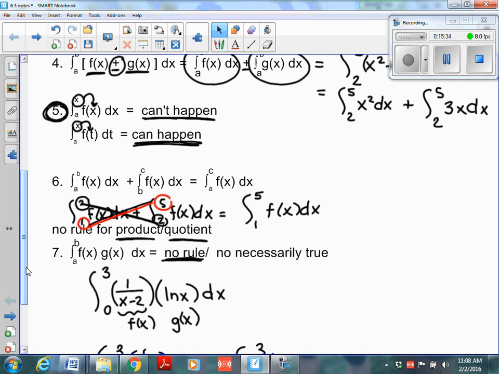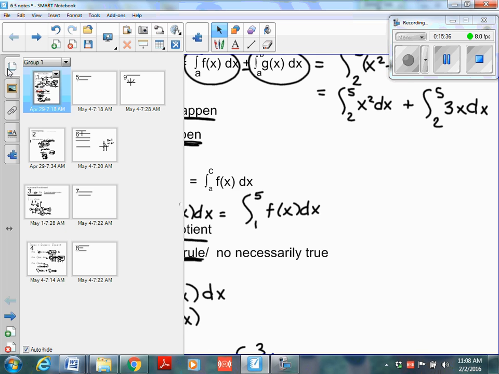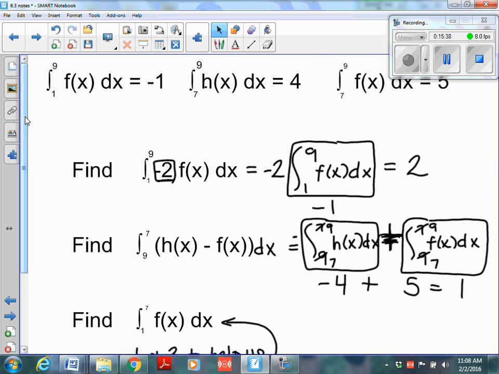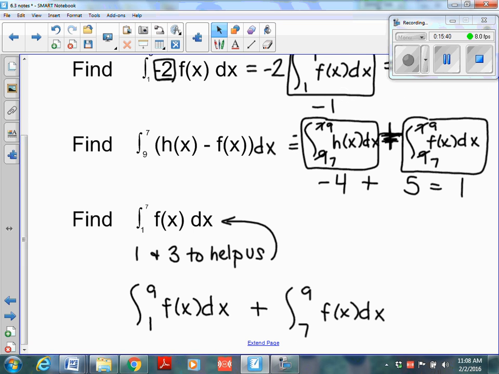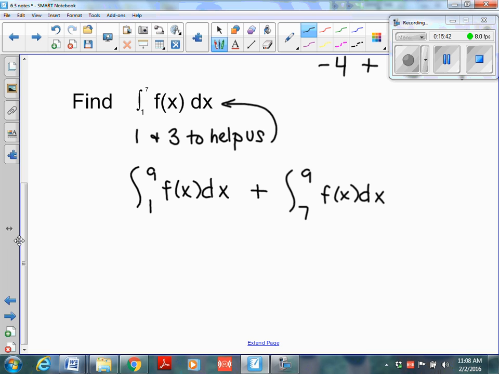So let's go back to this page, which is right down here. And let's set this up so that we can integrate from 1. So I'm going to leave this integral from 1 to 9 of f of x dx. I'm going to rewrite the third one. And I'm going to flip the 9 and the 7.